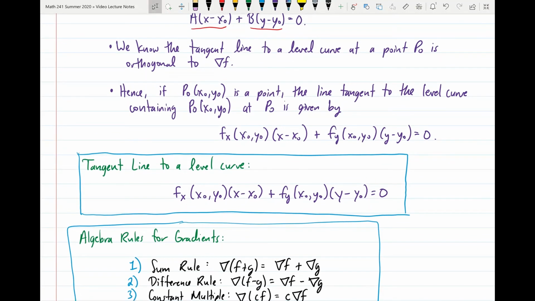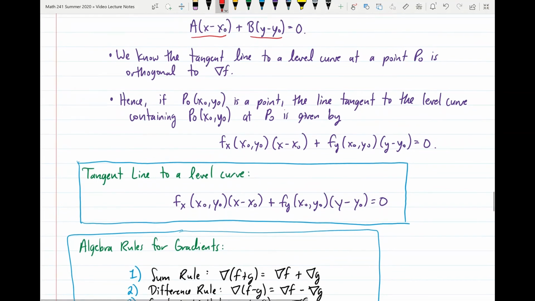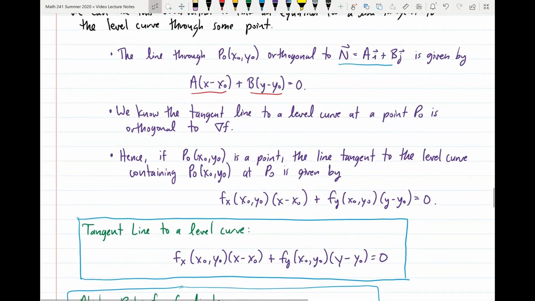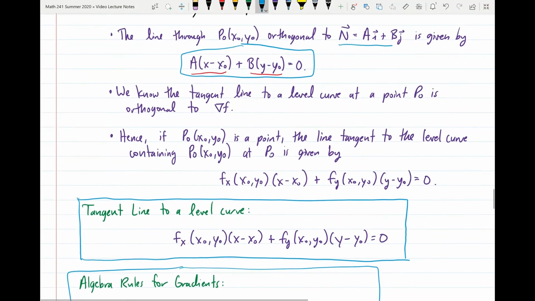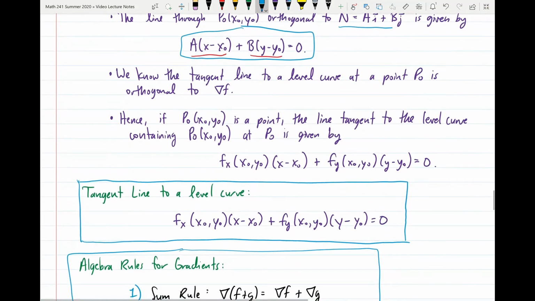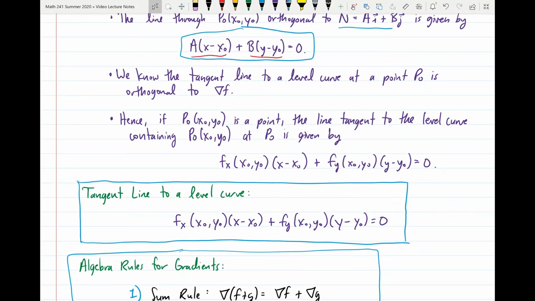So again, this equation might look foreign right off the bat, but what we're really doing is taking the expression here that gives us the equation of a line through some point orthogonal to a vector, and we're just noticing the fact that the gradient vector is such an orthogonal vector.